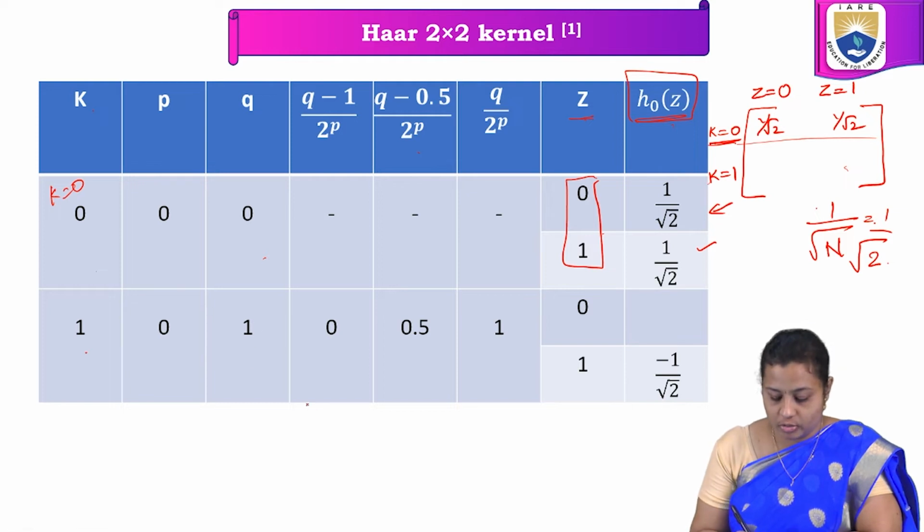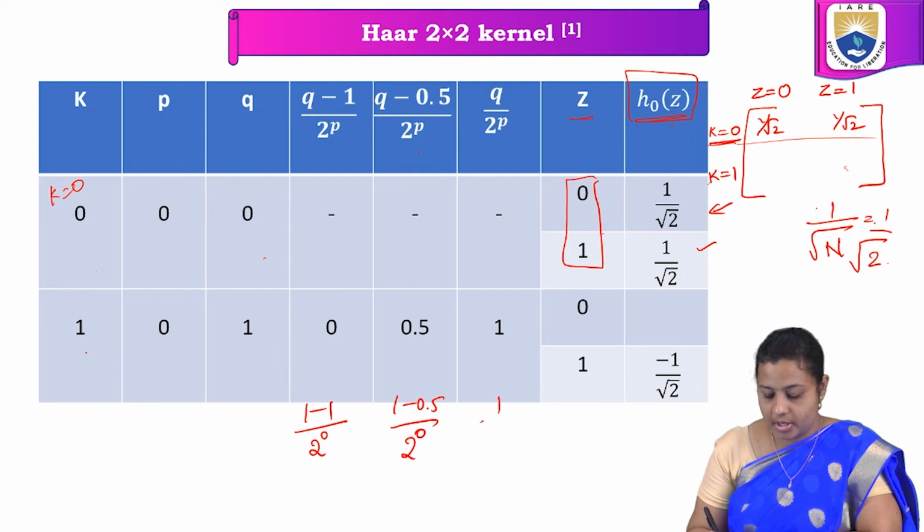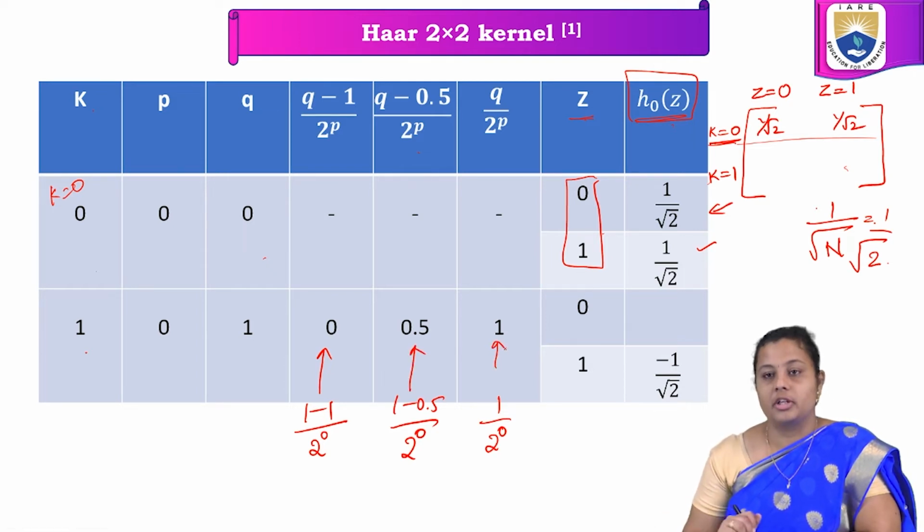So that will change to (1 minus 1 by 2) per p. So 1 minus 0.5 by 2 per 0, this is 1 by 2 per 0. So that will be 0. Yes, 1 minus 1 by 2 per 0 will change to 0. 1 minus 0.5, this will give 0.5. 1 by 1. So this is 1, right?